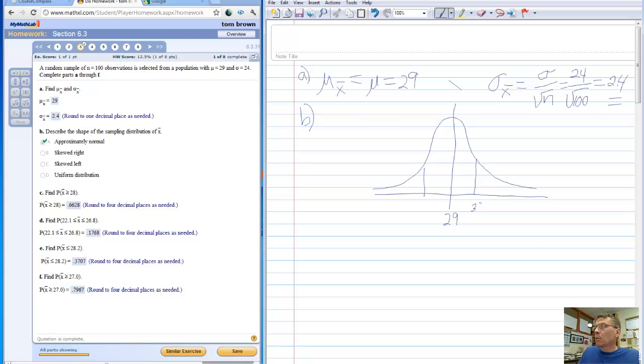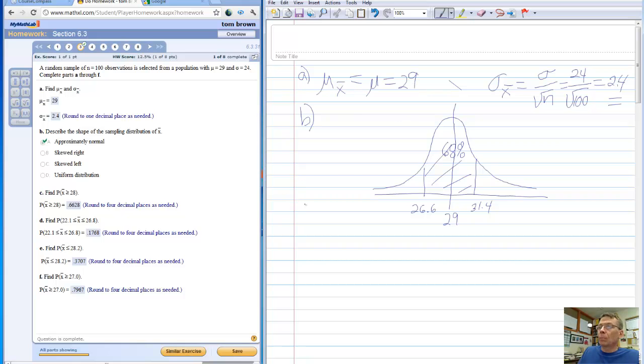For example, we know that the amount of area under the curve between 26.6 and 31.4, which is the mean minus 1 standard deviation and the mean plus 1 standard deviation, should be approximately 68%. So 68% of the area under the curve should be between here and there. We know that using the empirical rule and the information we have from Part A.